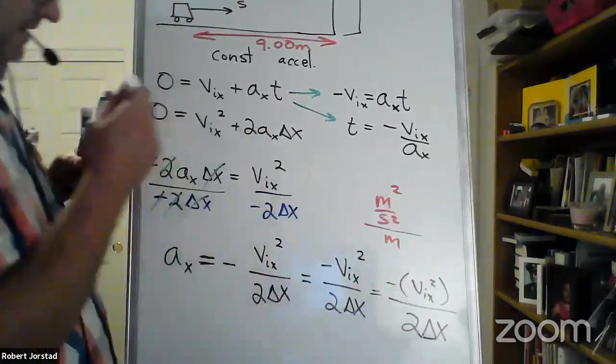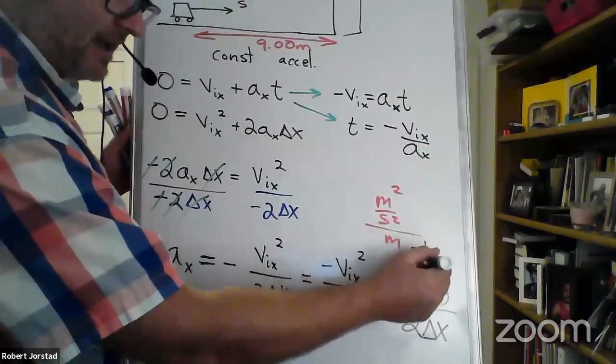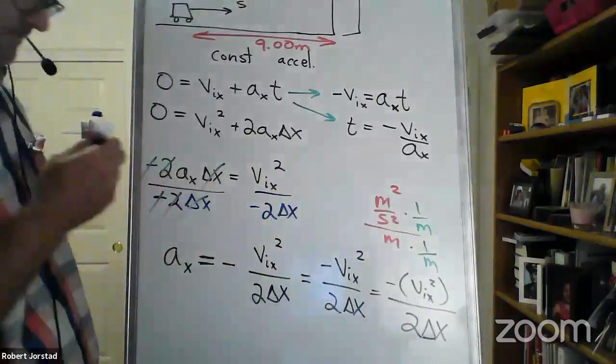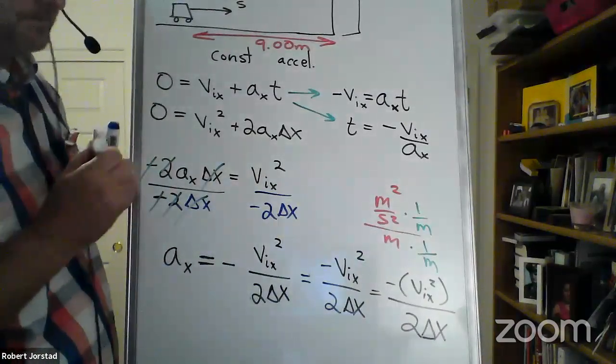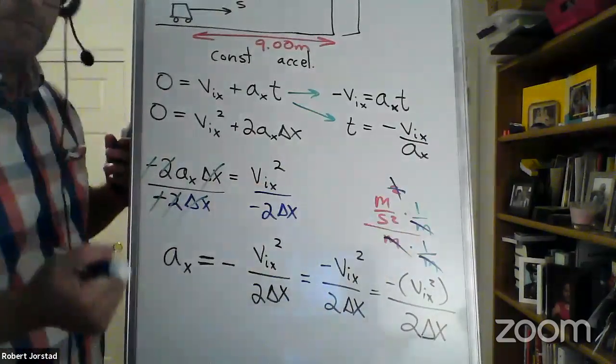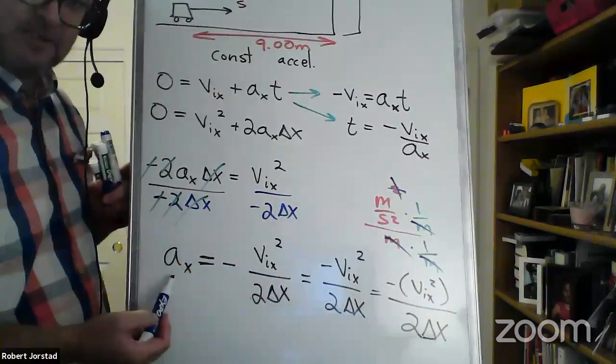So I'm going to multiply by the reciprocal. Do not try to do it in your head. Meters per second squared, that is the correct unit that we expect for acceleration.